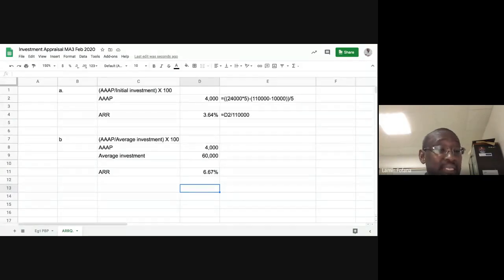And besides, MA3 is a core paper for accountancy students. It's a core paper. Very, very important. I'm not saying that it's the most important one. If there is a subject that is more important than this, maybe your financial accounting, the reason why it may be more important is because it's statutory.